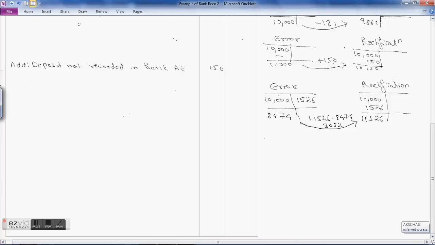So we'll add: mistake in balance wrongly carried forward as credit balance instead of debit balance.